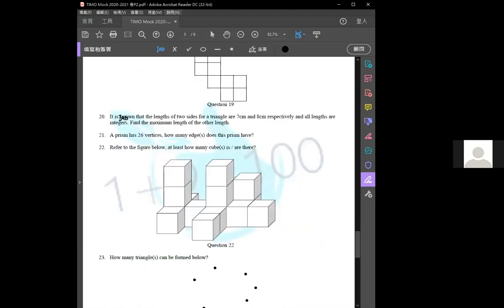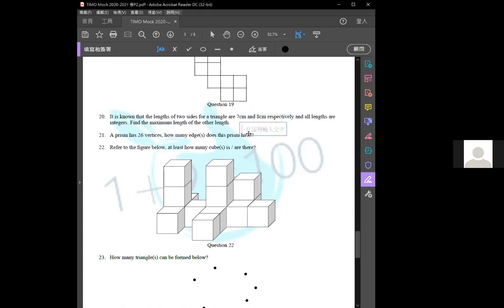For question 20, it's known that the lengths of two sides of a triangle are 7 cm and 8 cm respectively, and all lengths are integers. Find the maximum length of the other side. For this one, I don't know whether you have studied the triangle inequality before.